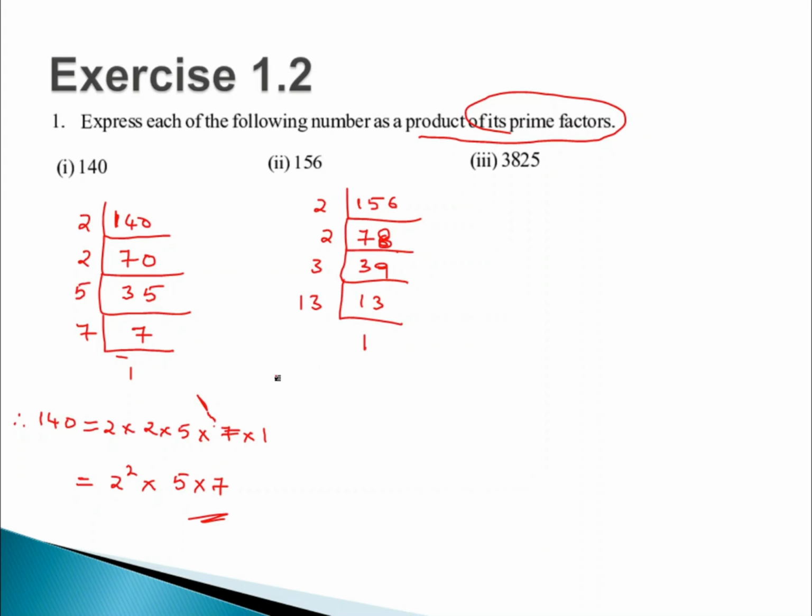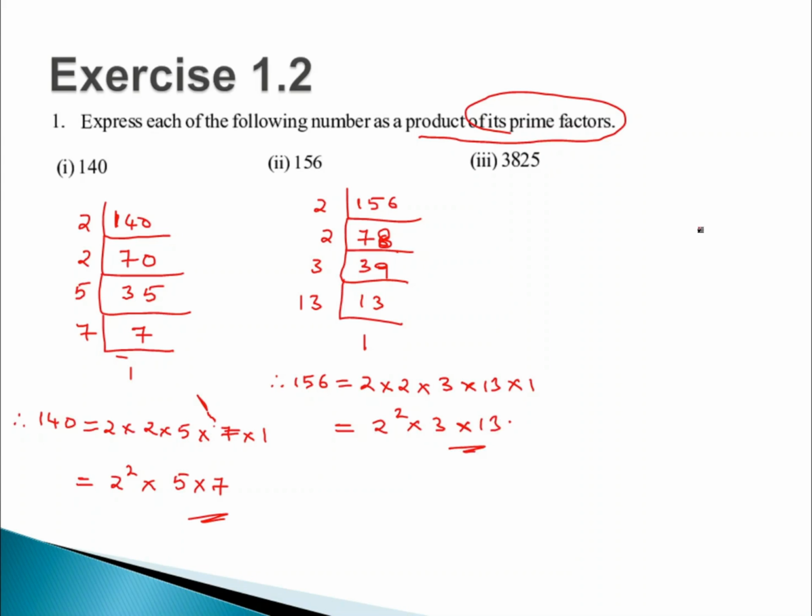So eventually I can write 156 as 2 into 2 into 3 into 13 into 1, right? So what is the answer of this one? 2 square into 3 into 13 is your answer for this one.